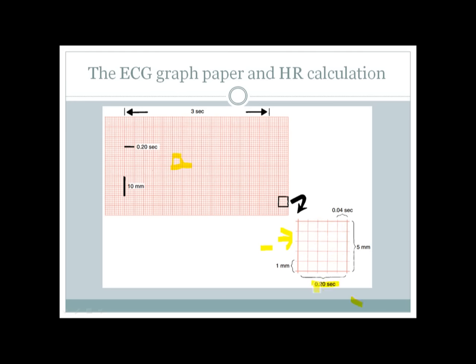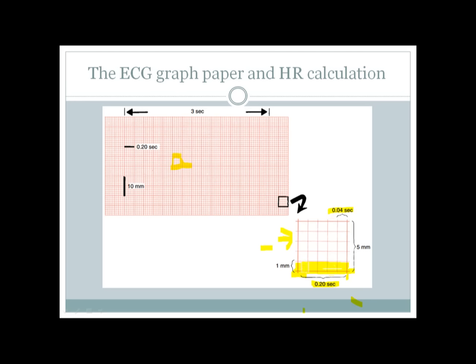So that's why a large box tells you that it is 0.2 seconds. Inside the large box, horizontally you have 5 small boxes, and each of these small boxes takes about 0.04 seconds to travel through the ECG machine.